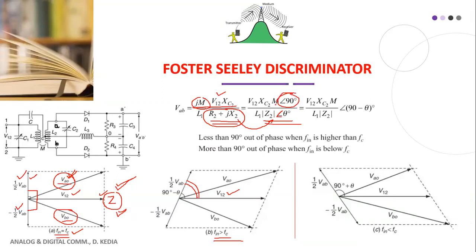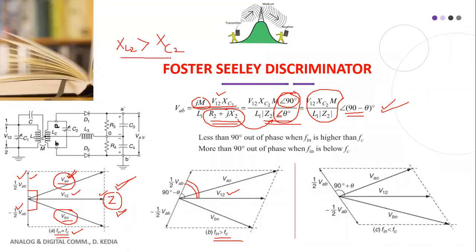And you know how we solve this mathematically. The ratio of two complex numbers becomes total angle 90 minus theta, as the phasor angles are subtracted. This is the magnitude part, and this is the phase part. Since F in is greater than FC, XL2, that is J omega L, will be more than XC2.